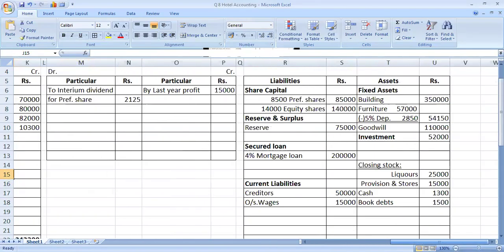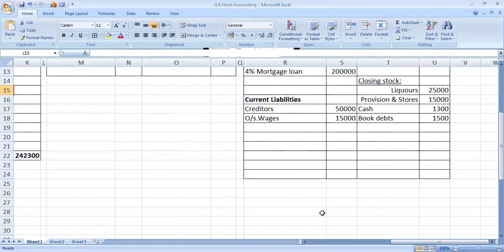Second effect goes to the balance sheet liability side under the heading of provision, under the heading of unsecured loan.